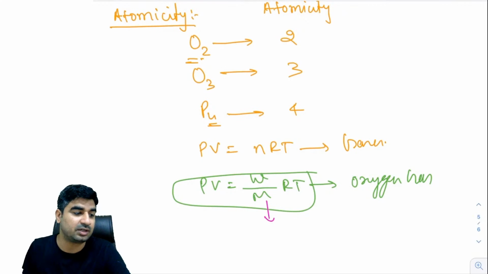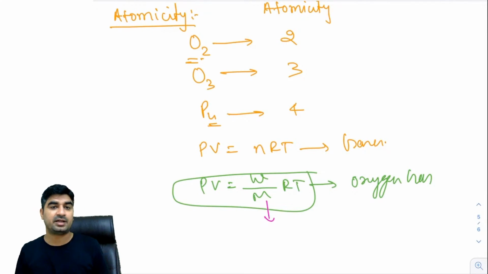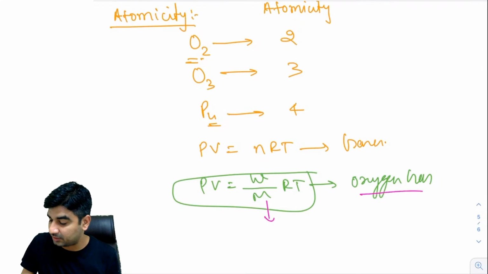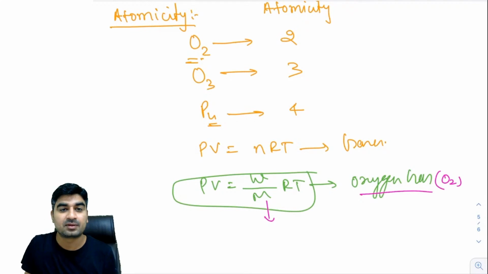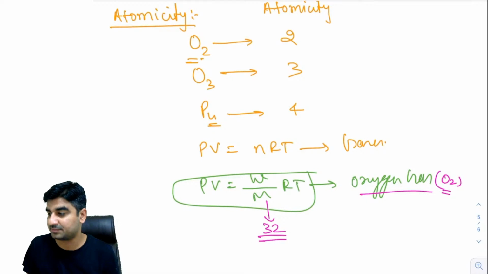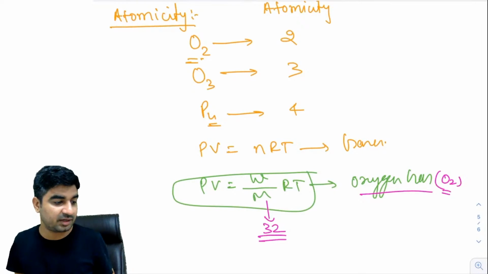Is it 16 or 32? Tell me, is it 16 or 32? Because oxygen gas, when I'm saying it is O2, atomicity is 2. You have to take its molecular mass, not atomic mass, in which state it exists. It is 32. Yes, Somil, you are right. It is 32.